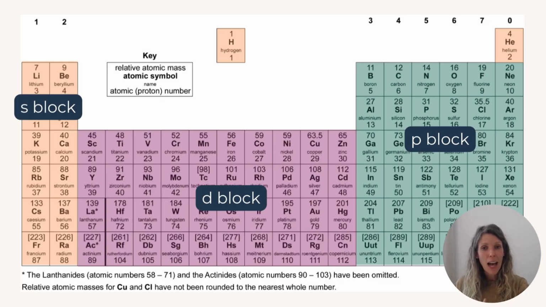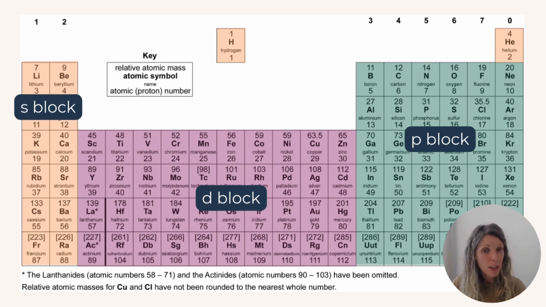So here, I've color-coded the periodic table so you can see it split into the S, P, and D block. Now, the S block is what I've colored orange or yellow on the periodic table. Now, those elements in the S block, they all have their highest electrons in an S orbital.